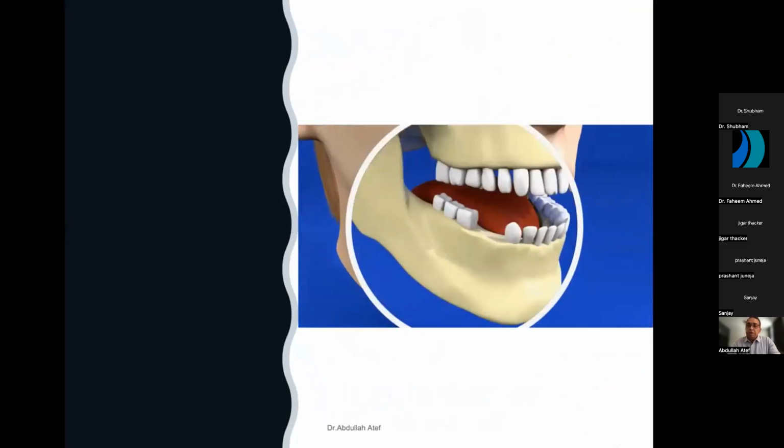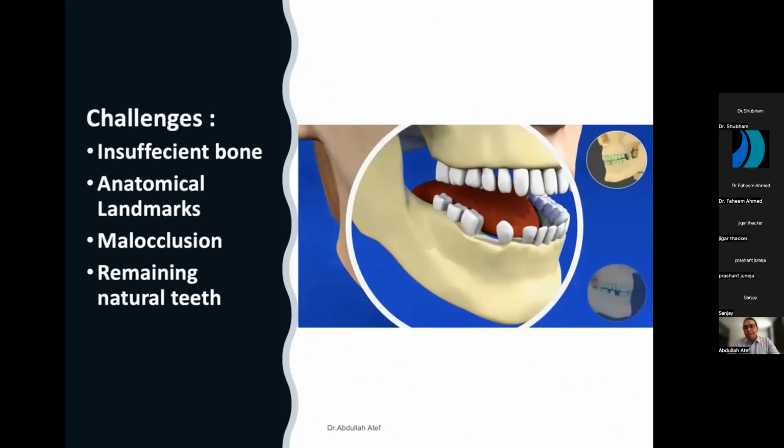So when we make a full mouth rehabilitation for the maxilla and mandible, we find that we do not restore normal teeth only. We find some challenges in our plans, for example, insufficient bone, loss of cheek and labial support, changes in the anatomical landmarks, and malocclusion.